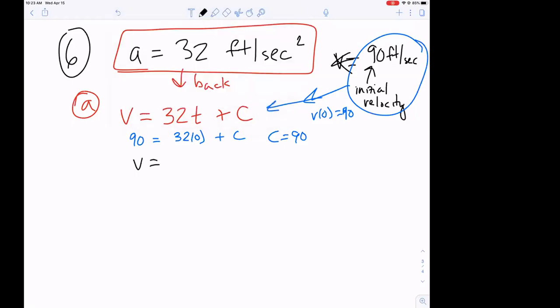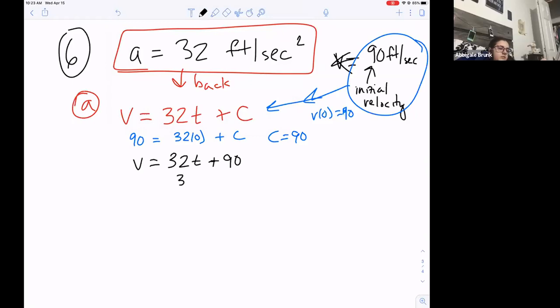So then our velocity equation is 32t plus 90, which is still not the answer, but it gives us what we need to find the answer to part A. What do we do now with the 3 seconds? Plug it in. Yeah, just plug in 3.